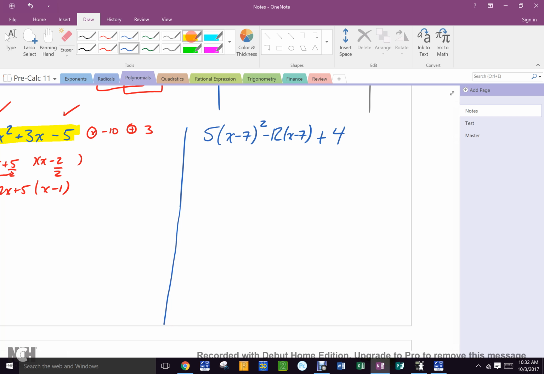I'm going to give you a small hint by doing some highlighting. That should have helped everybody out quite a bit if you weren't sure how to start this.